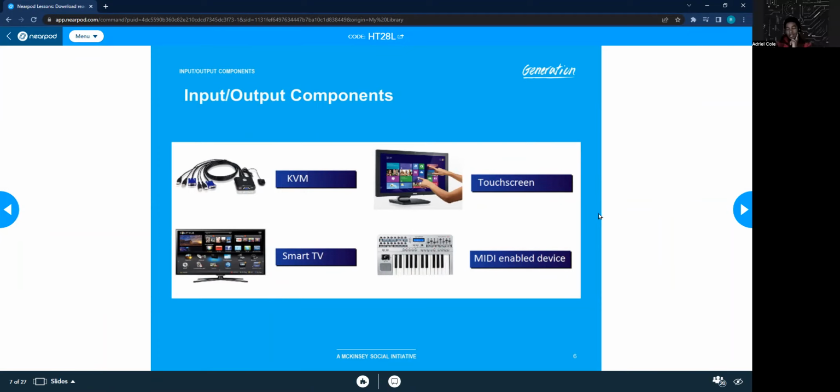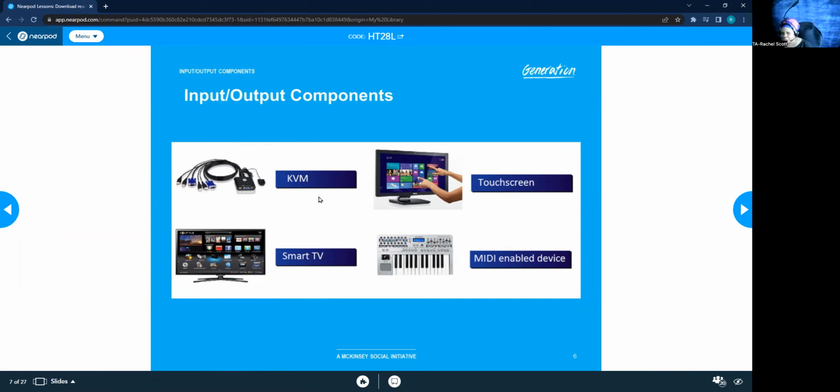It allows you to share the same keyboard, monitor, and mouse across multiple systems. Yes, which can be very effective if you don't want to have 3 keyboards and 5 mice and 2 monitors. Yeah, most of the time I don't.